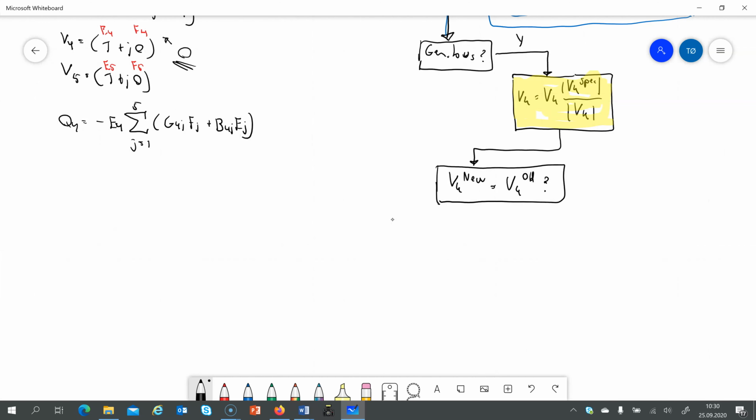So let's write out: equal, let's see, E4, sorry, minus E4.